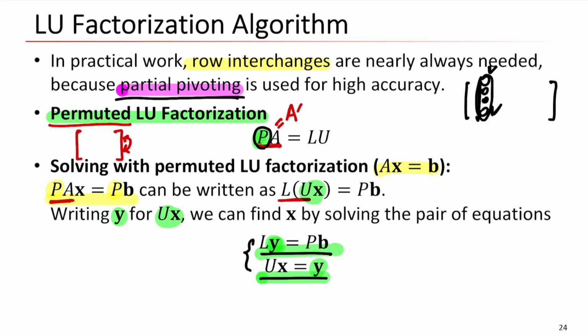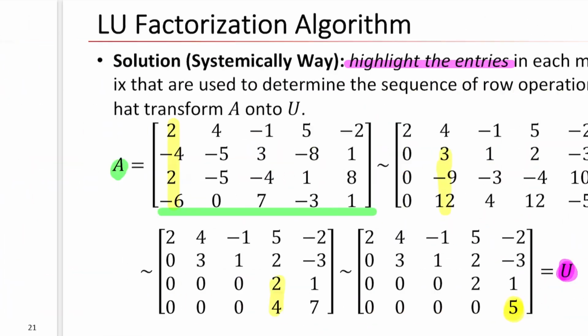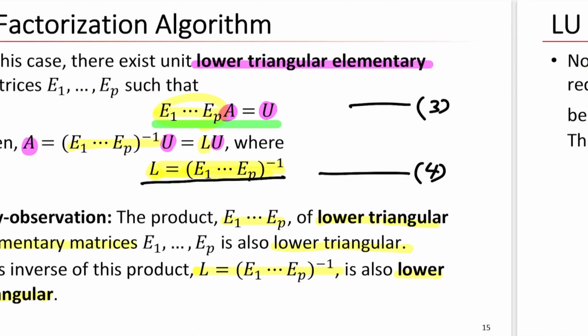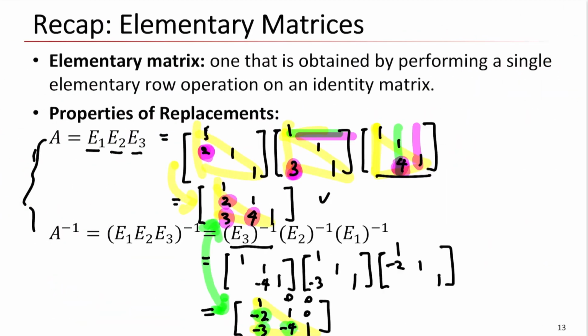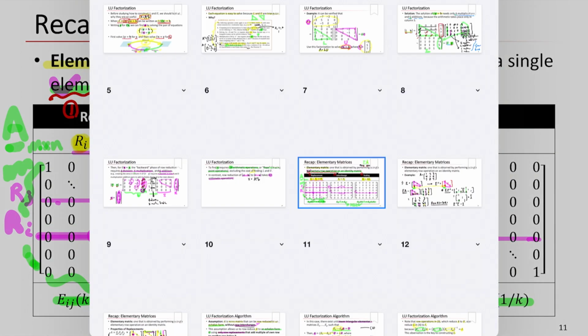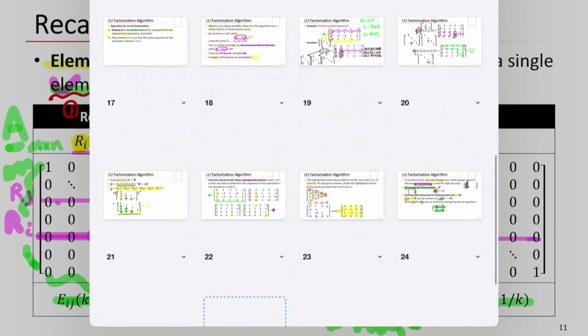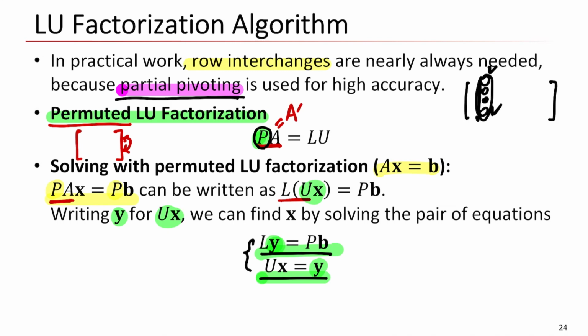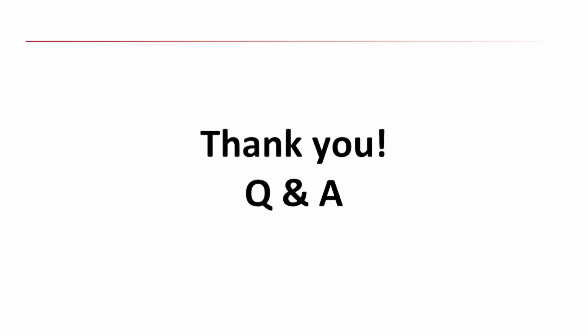So then what is the permutation matrix P? The permutation matrix P looks like this one, an interchange matrix. Okay, so by using the interchange matrix, we can derive the permuted LU decomposition algorithm.